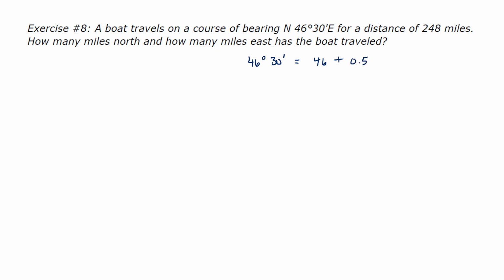Remember, 60 minutes is 1 degree. So if I have 30 minutes, I'd have half of a degree. So that would be 0.5. So that equals 46.5. So we know our angle is 46.5.